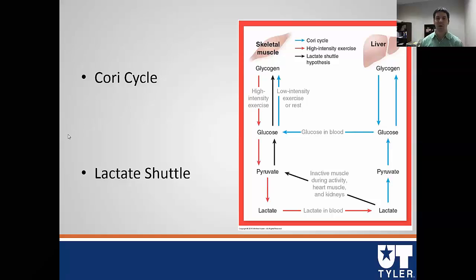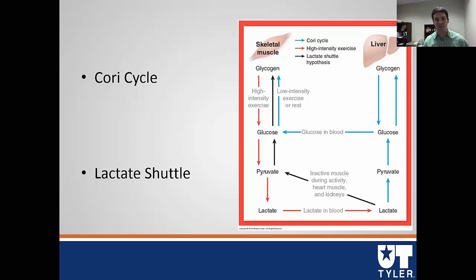If we take a look at what this looks like, first we'll start with the Cori cycle. During high-intensity exercise, or a situation where our oxidative metabolism is not able to keep up and we rely really heavily on anaerobic metabolism, glycolysis specifically, glycogen or glucose is broken down by glycolysis into pyruvate.